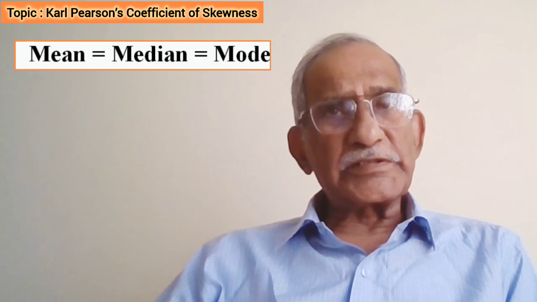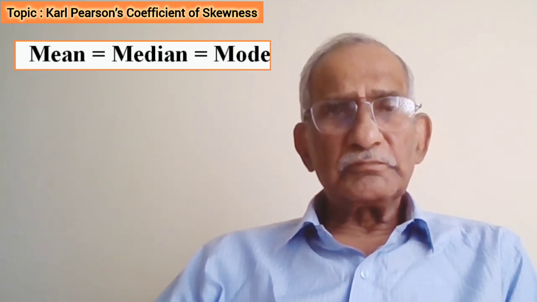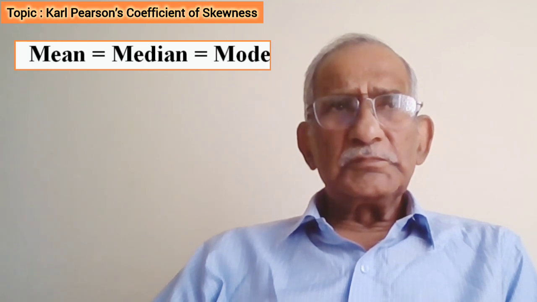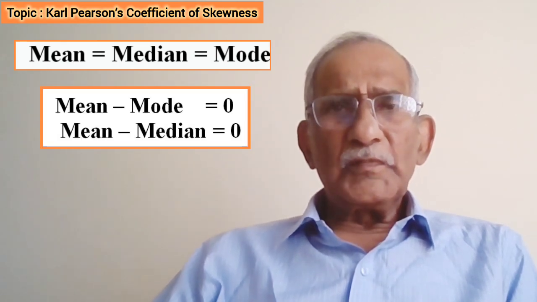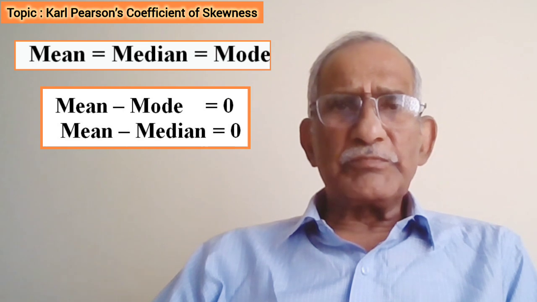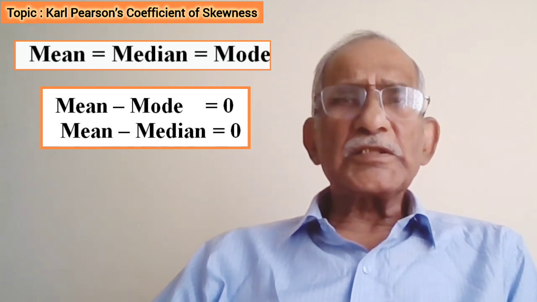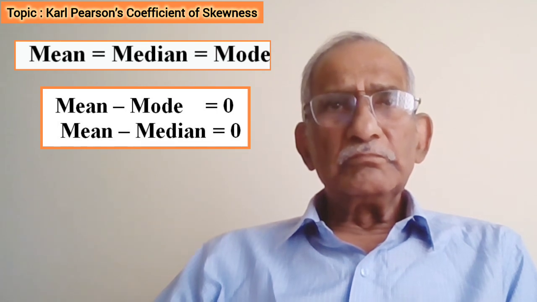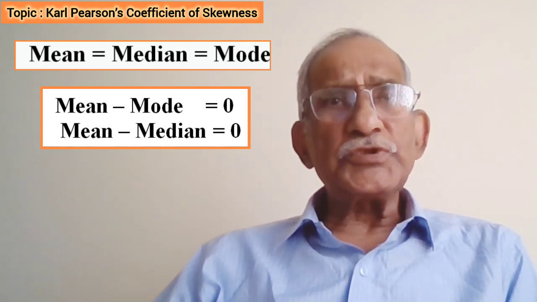All three coincide at the same point. In other words, we can say that for a symmetric distribution, mean minus mode is equal to 0. Mean minus median is equal to 0.